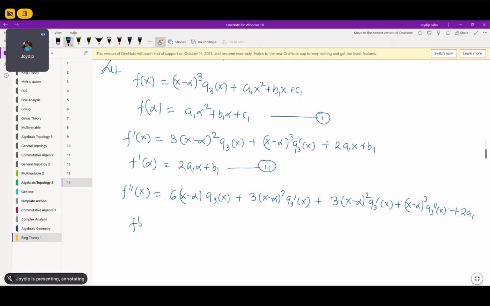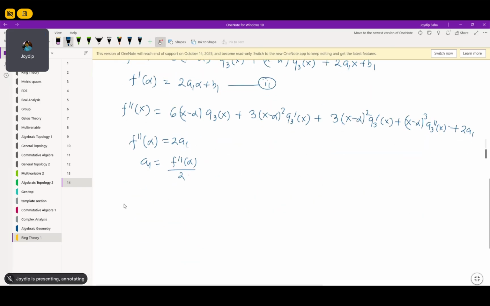So f''(alpha) is 2a1 only. So a1 is f''(alpha)/2. From 2, what is b1? b1 is f'(alpha) - f''(alpha) alpha.